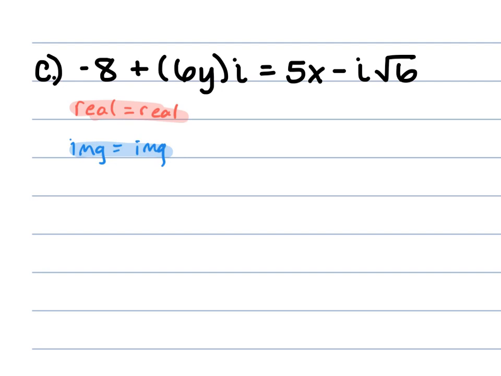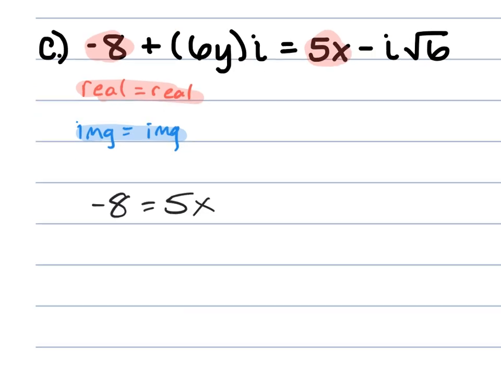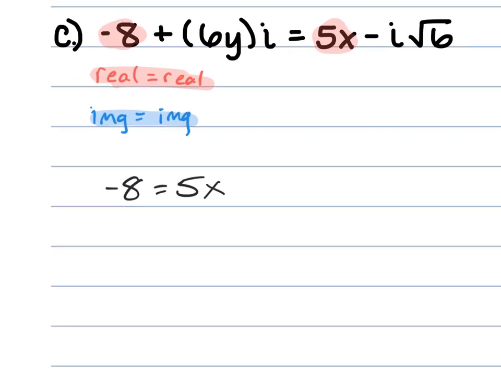What are my real numbers up there? Negative 8 and 5x. So what will I do with those things? Negative 8 is equal to 5x. And then? Divide by 5. Divide by 5.